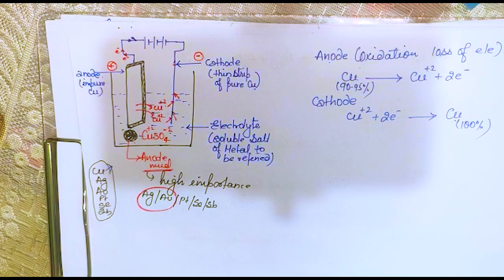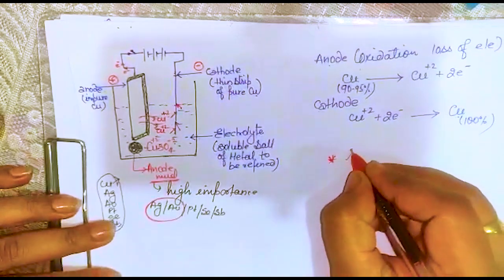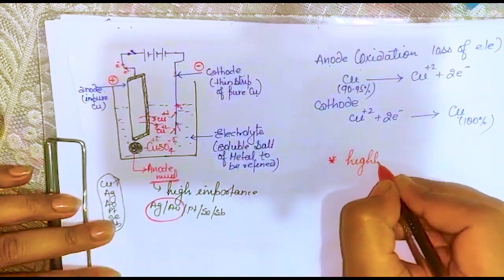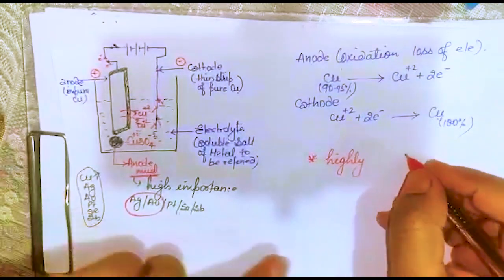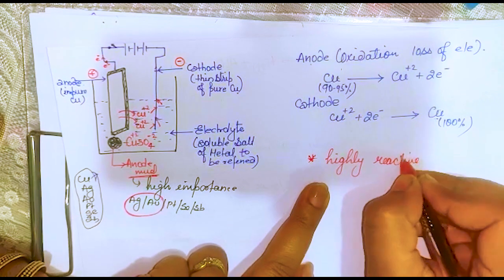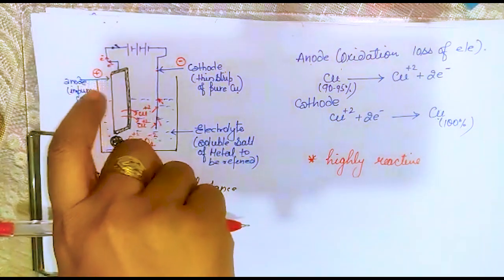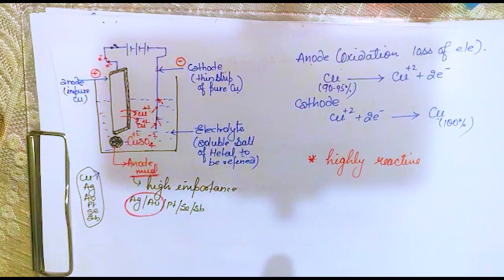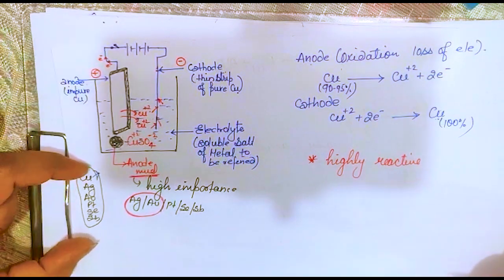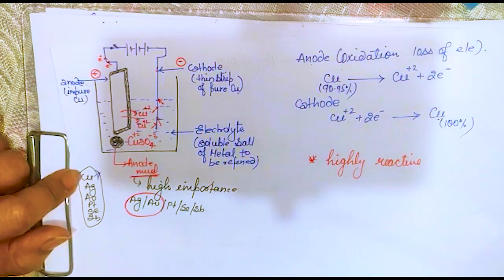Now one more thing, the line you are supposed to write: highly reactive metal, you got it now? That is not sodium, that is not zinc and all that. Out of this impure strip, the one which is highly reactive, like in this impure strip of copper, the copper is highly reactive.